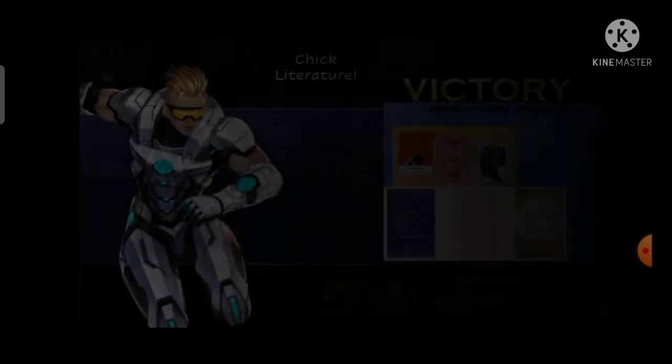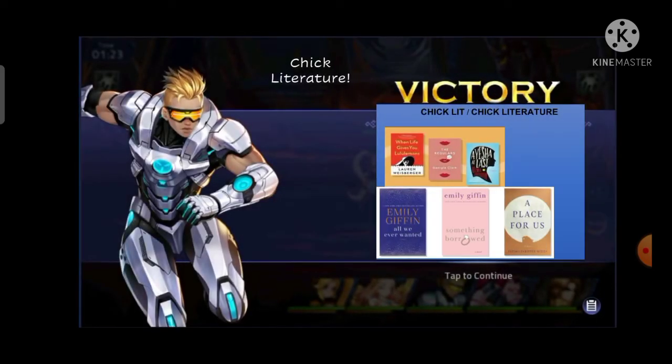And the next is chick literature or chicklit. So, chick literature consists of heroine-centered narratives that focus on the trials and tribulations of their individual protagonists.